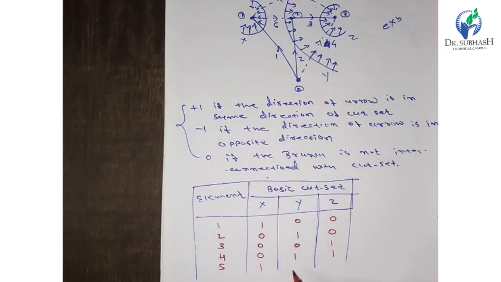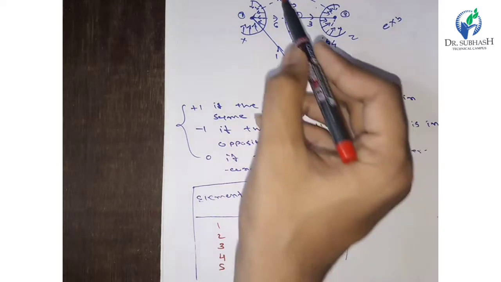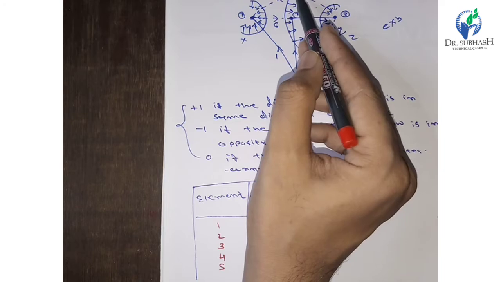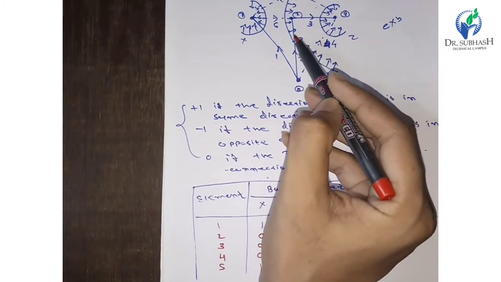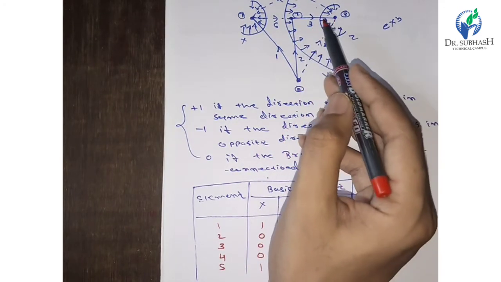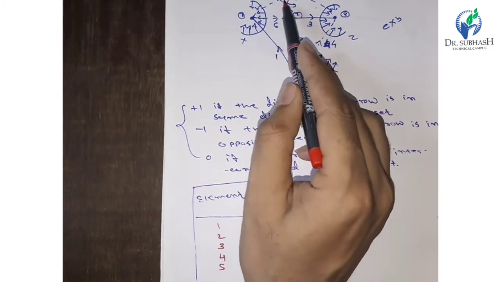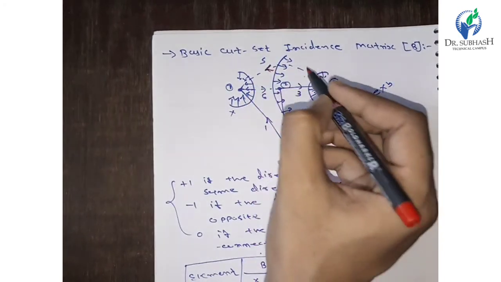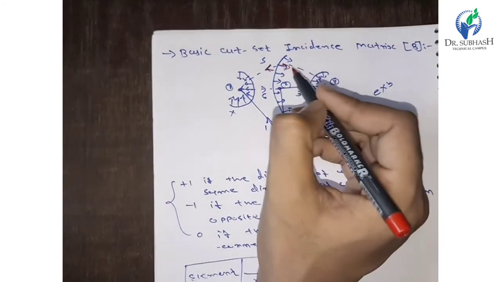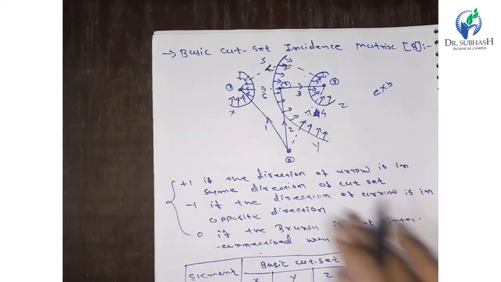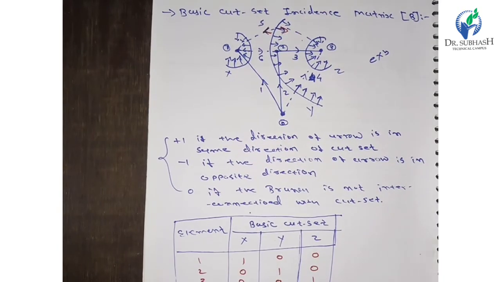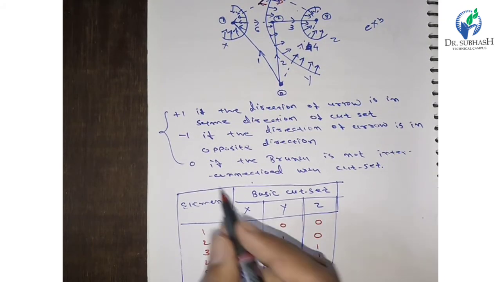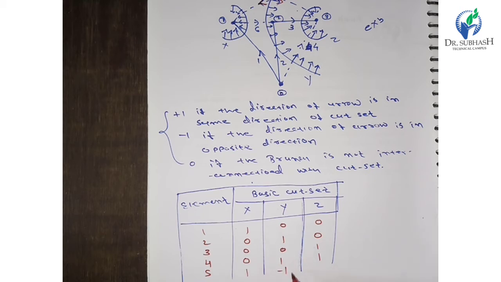In basic cut set y it is in the opposite direction: the cut set direction is this way, and the element is in the reverse direction, so both are in opposite directions, and the output for basic cut set y is -1.